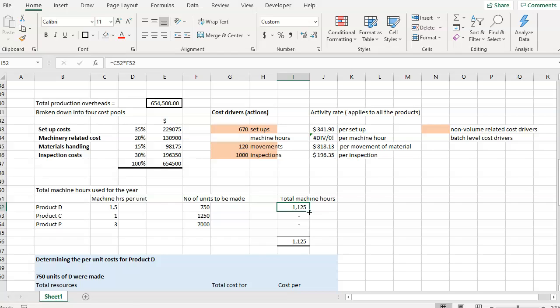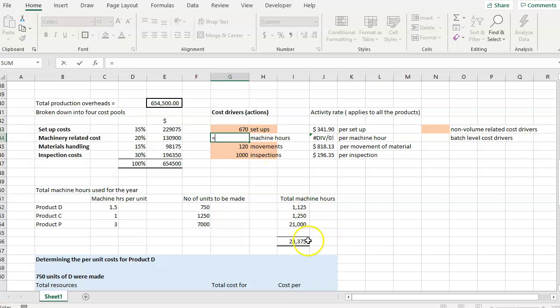So copying down, we have 23,375 machine hours for the period. Let me copy that in.